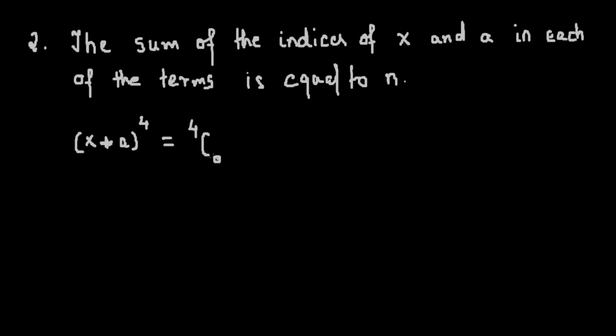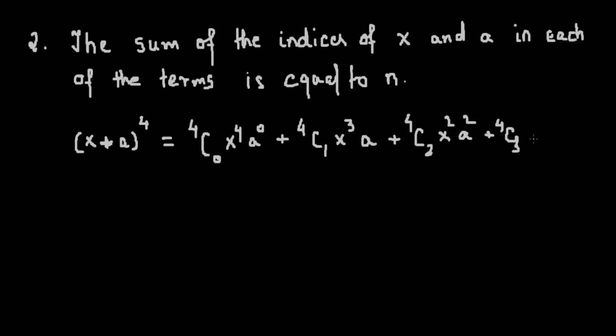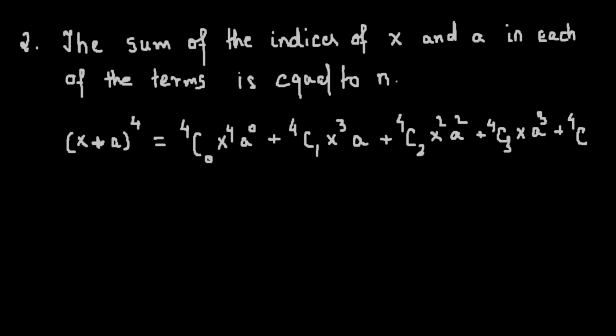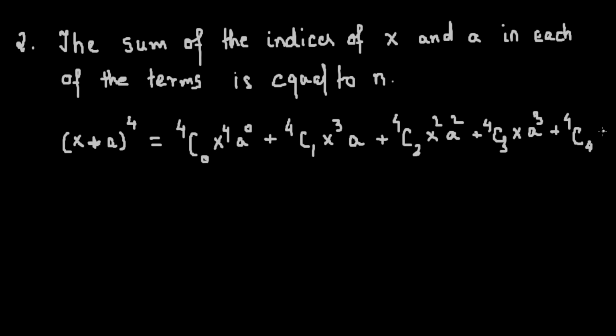This is 4C0 x raised to the power 4 a raised to the power 0, plus 4C1 x raised to the power 4 minus 1, which is 3, and a, plus 4C2 x squared a squared, plus 4C3 x a cubed, and the last term, which is 4C4 x raised to the power 0 times a raised to the power 4.